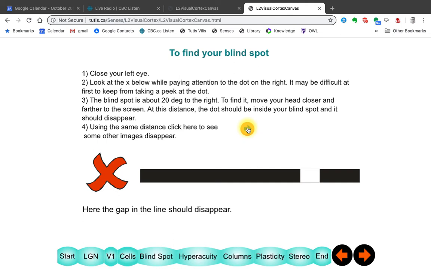From what you remember of the location of the optic nerve in the pictures that I showed you, where do you think the location of this blind spot is if you were to point to it, left or right?